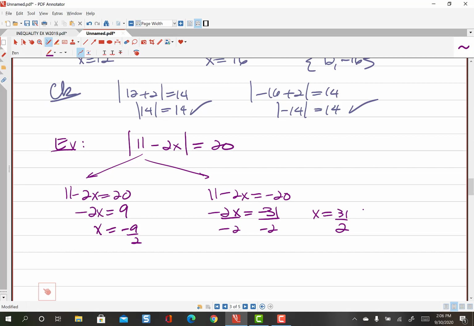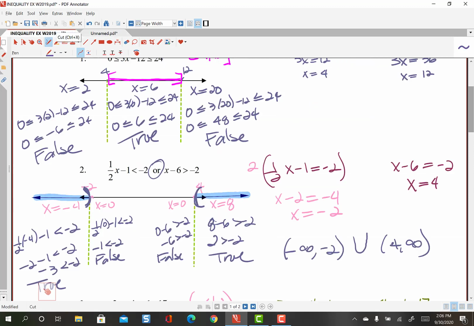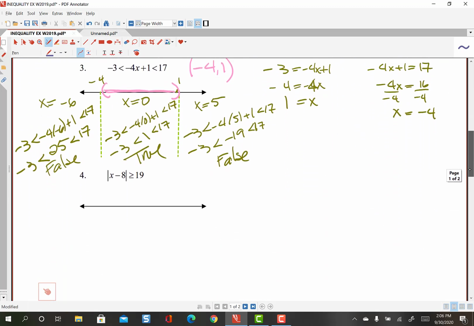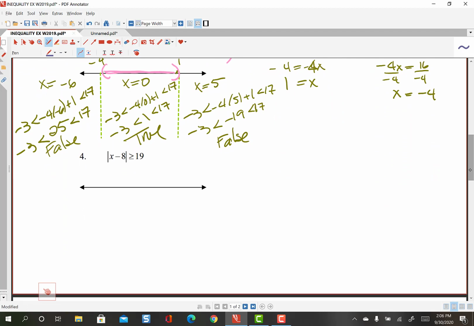All right, so let's take a look at our inequality handout here. We did the first 3 problems, but now we have this absolute value inequality. What we want to do is take this like we did the other ones, and solve it as an equation first.